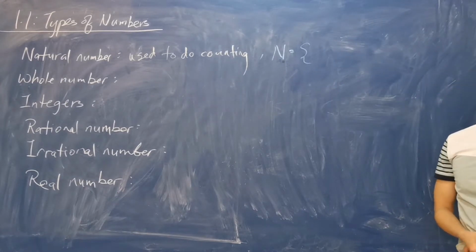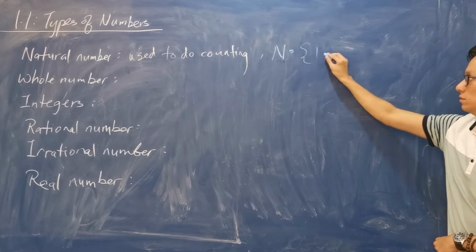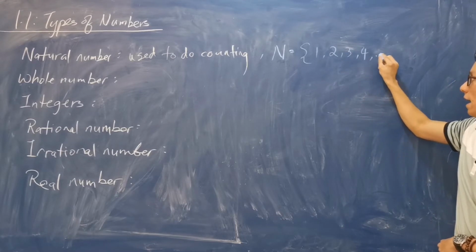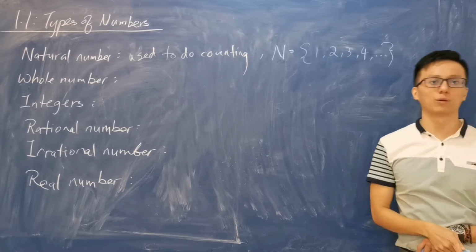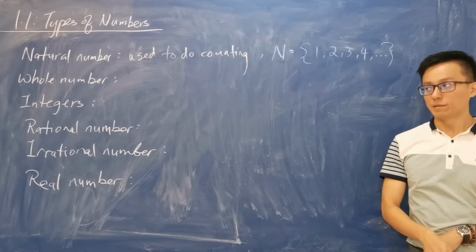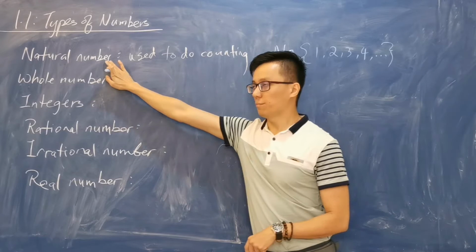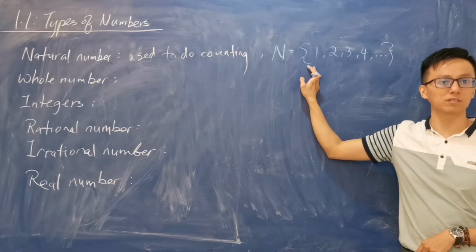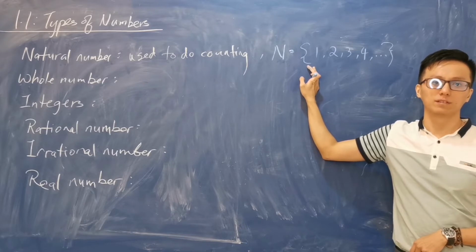So, what do we have? We have 1, 2, 3, 4, and so on. Remember, natural number must start from 1 but not 0.